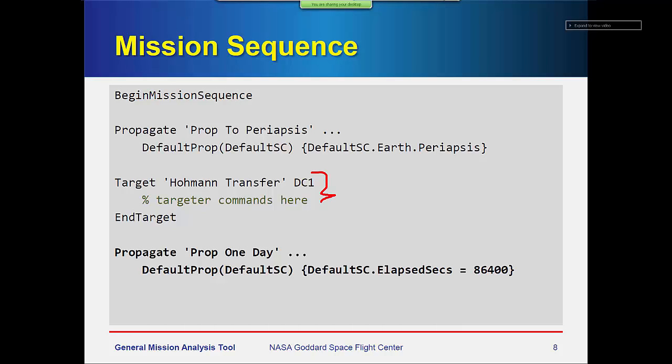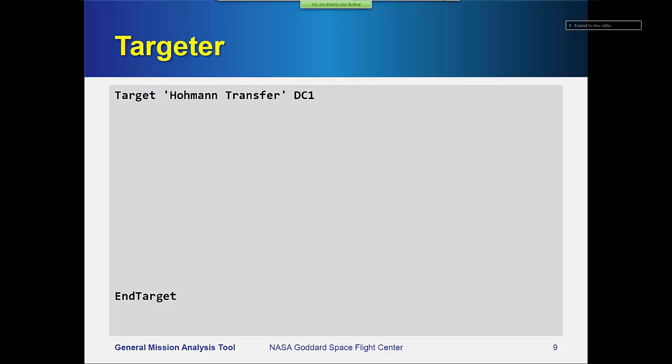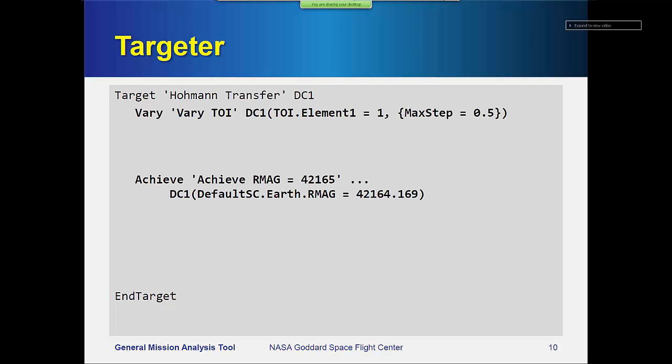Now looking here at this target sequence, just to blow it up a little bit, and then we'll fill in the values. So the first thing we're doing again is varying the first burn. So we put in a vary statement and the associated achieve statement. So we're varying element 1, which is the velocity direction.